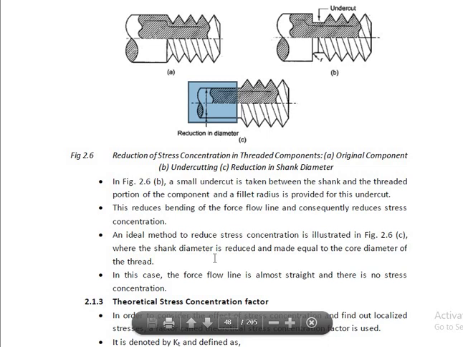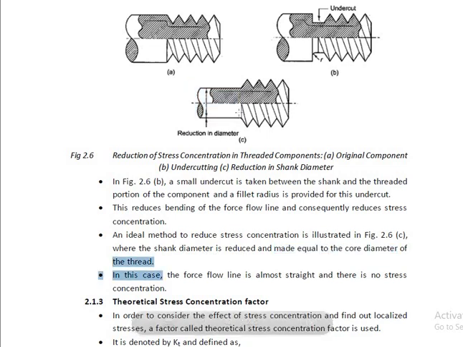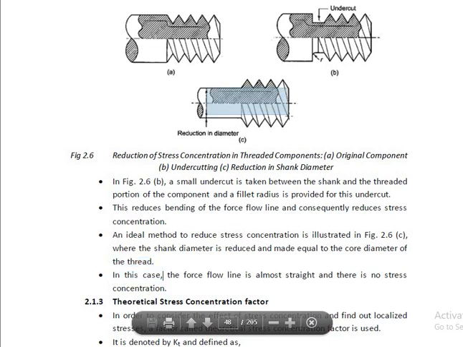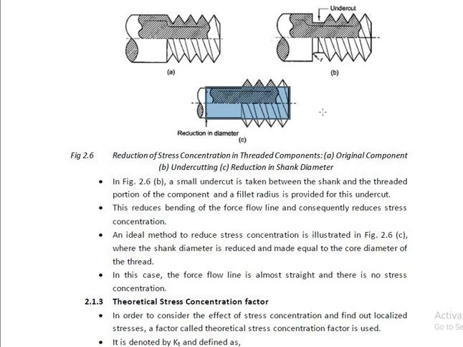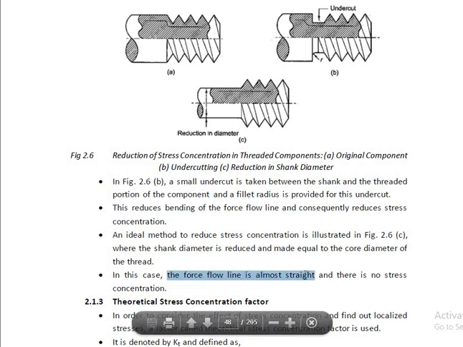The shank diameter is reduced and made equal to the core diameter of the thread. Now this is the core diameter. Since the shank and core diameter of the thread have been made equal, the force lines are almost straight and there is no stress concentration.